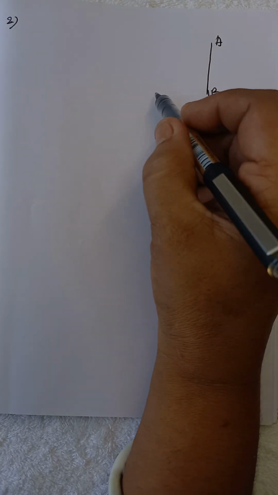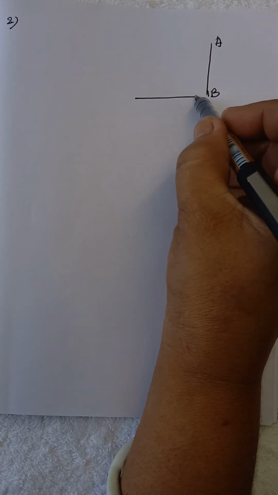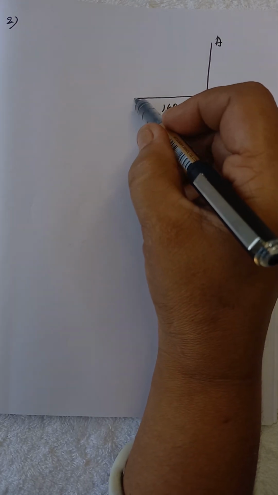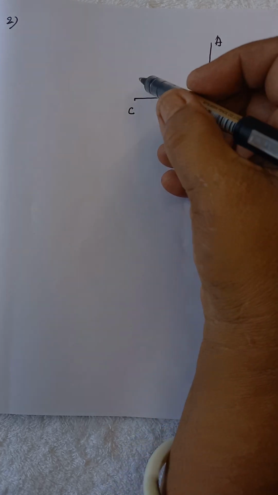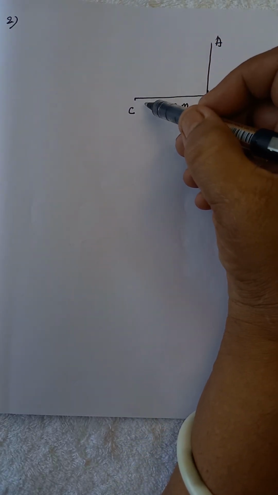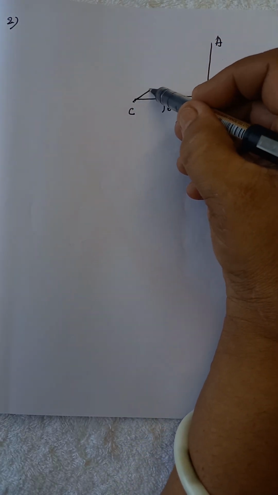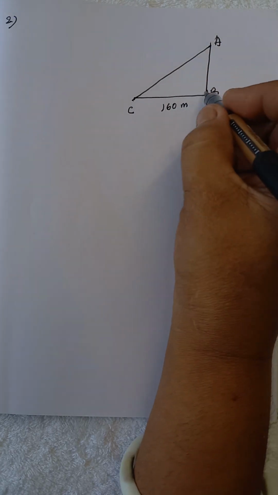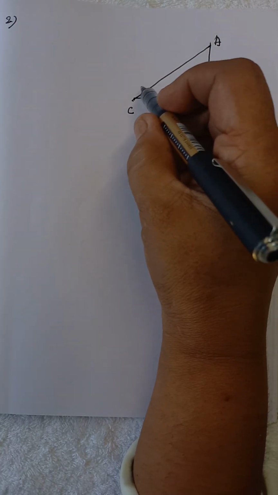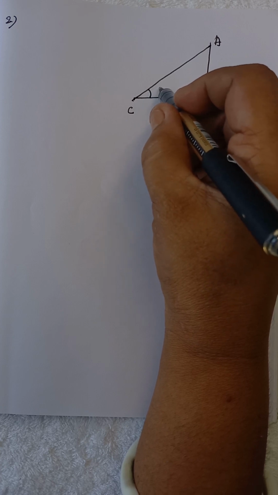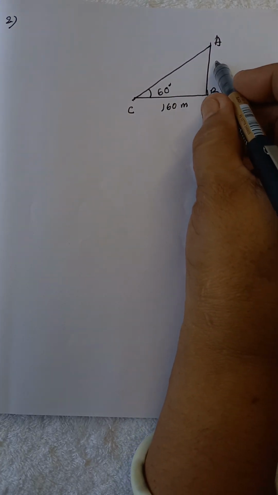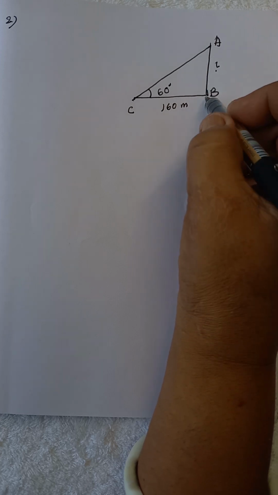So a distance of 160 meter on the ground means this much length, 160 meter. So from this point, what is the angle of elevation? It is given as 60 degree. The angle formed between the line of sight and the horizontal, that is 60 degree. We have to find out AB, the length of the tower.